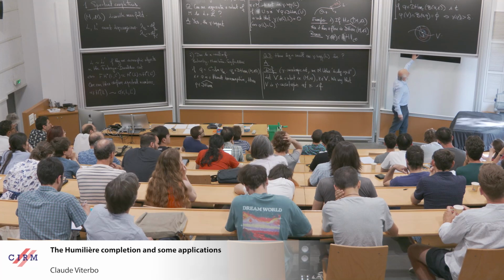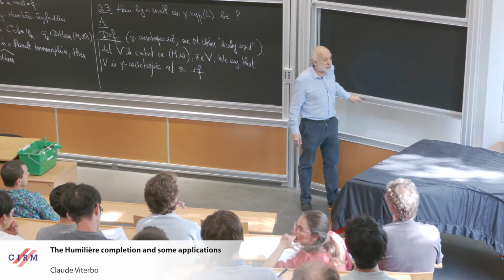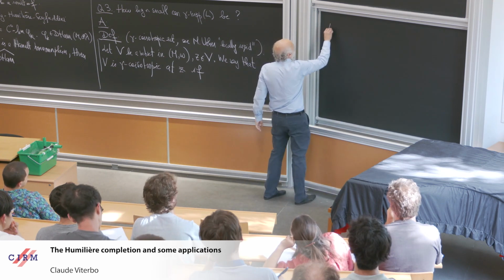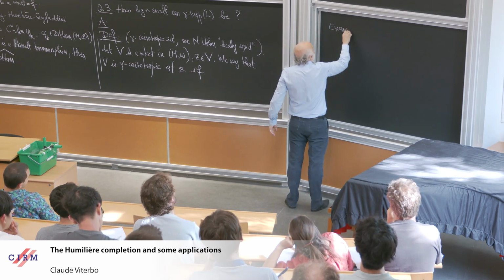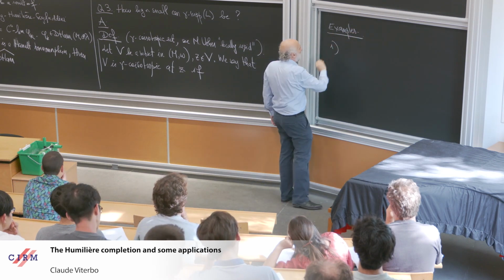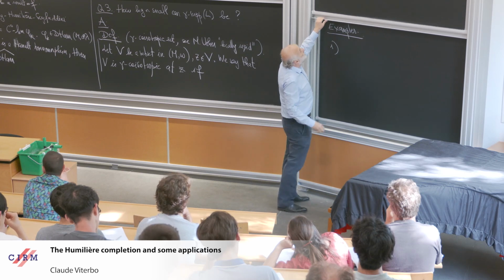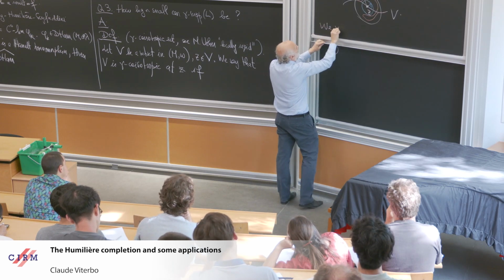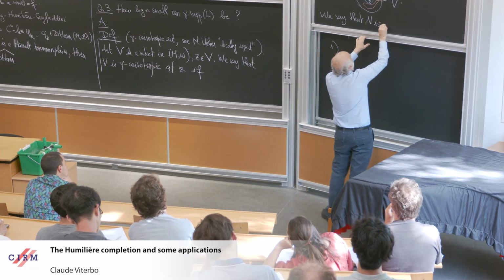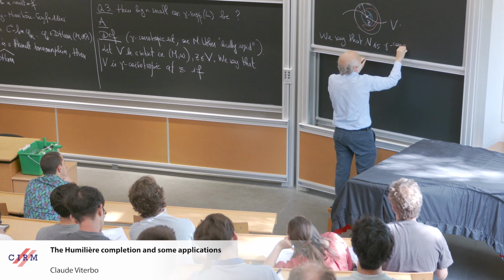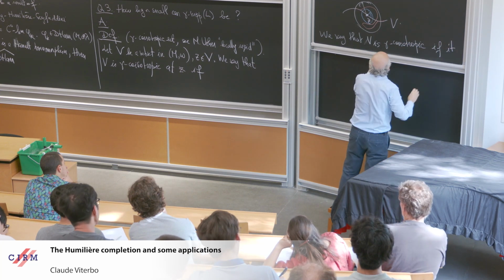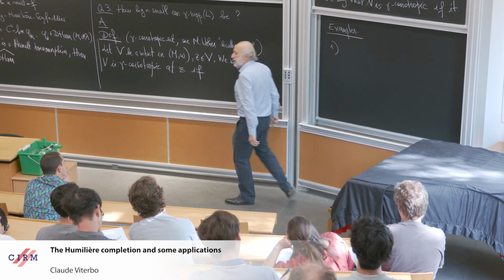Is there a specific reason why it's called coisotropic? Because I don't see it. There's an excellent reason. So first example, sorry, and I should add that we say that V is just gamma coisotropic if it is coisotropic at all points.